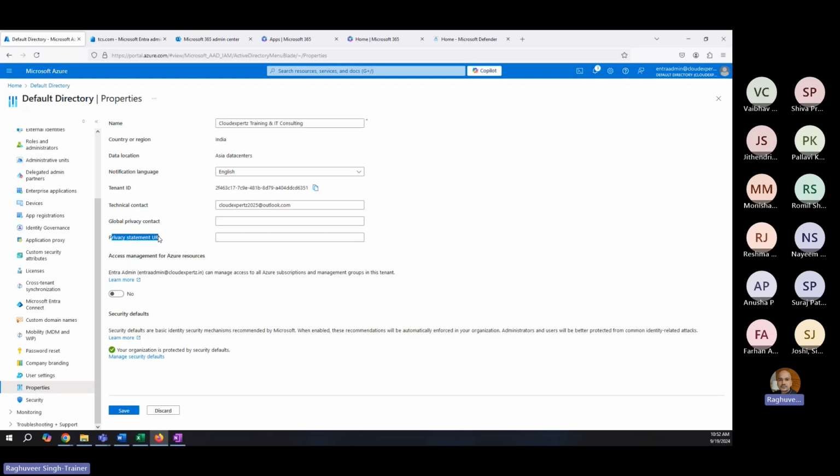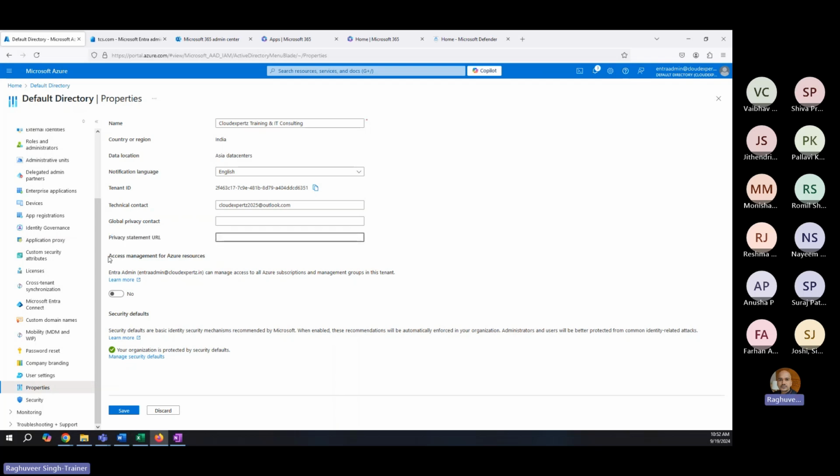When somebody signs into your tenant, when somebody accesses your application, you can put the URL here. I would say that session will be forwarded to the URL where the user will first read the privacy statement, acknowledge it, and then come back and use your application so that there is no confusion at the end of the day. So that's what privacy statement URL is.